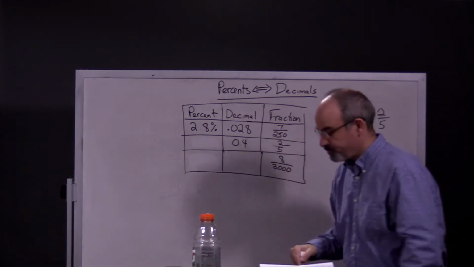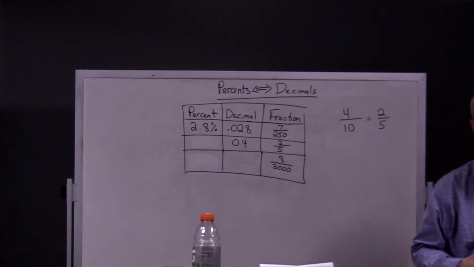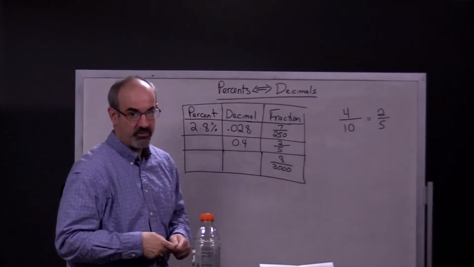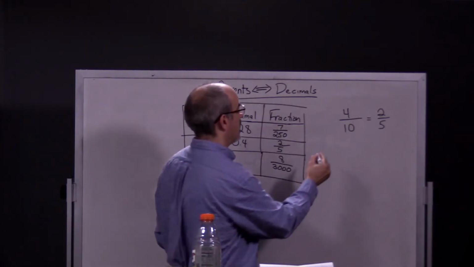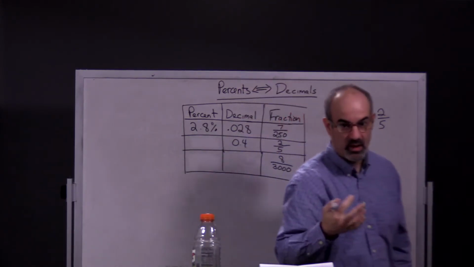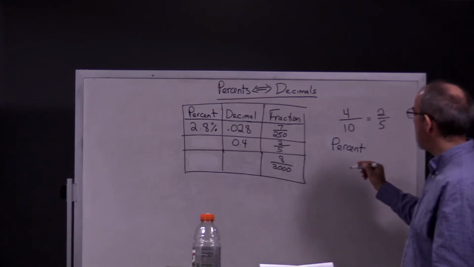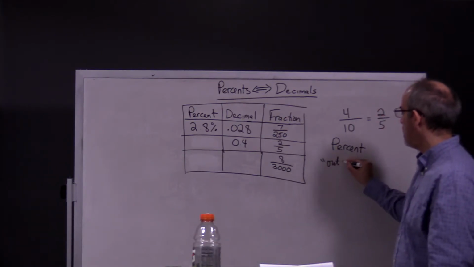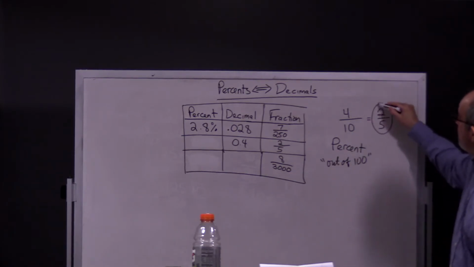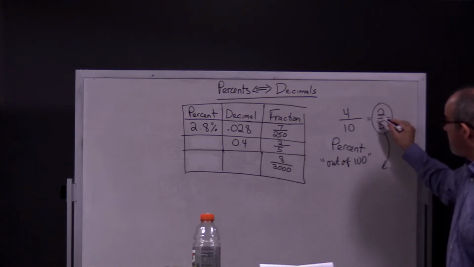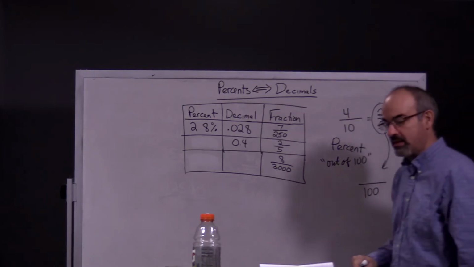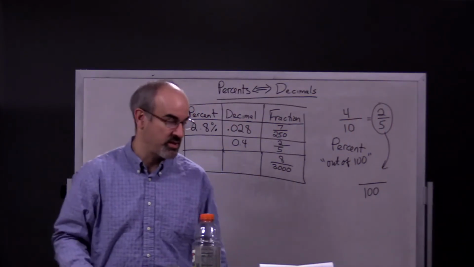Okay, so there's a few ways we can change this to a percent. One way is we can use this fraction. Percent means, this is a very, I don't know, bare bones definition, but percent basically means out of 100. So if you can write an equivalent fraction to this that has a 100 in the denominator, that will give you the percent.